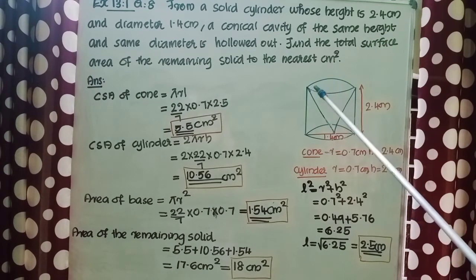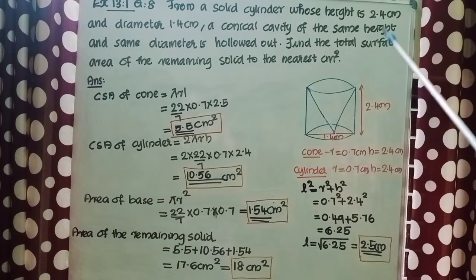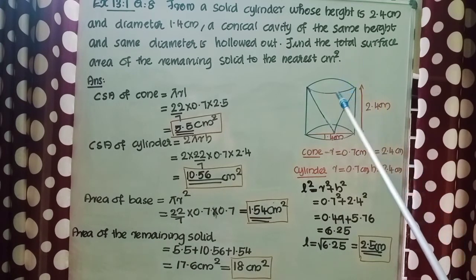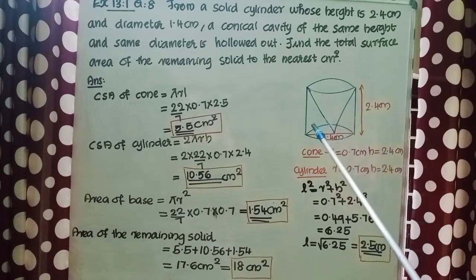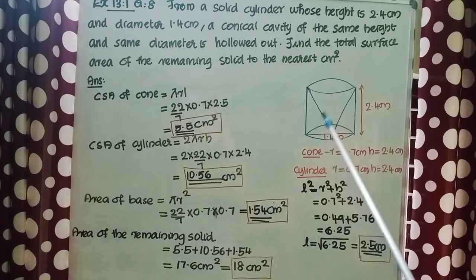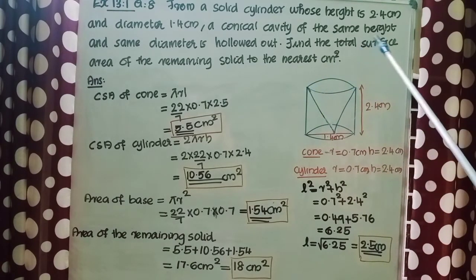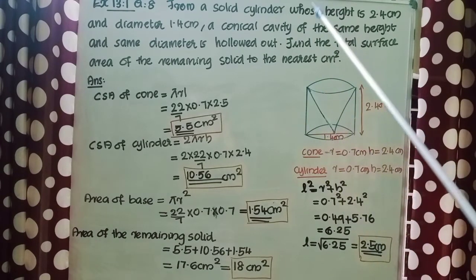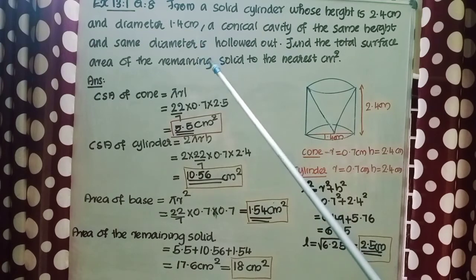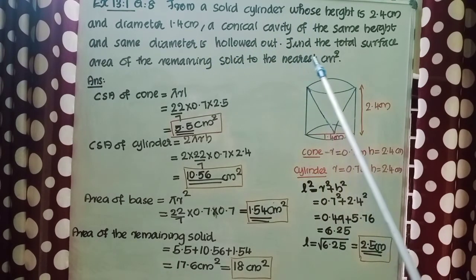Therefore, a new shape is formed. Now the new solid from outside looks like a cylinder, but inside there is a conical portion also. The question is to find the total surface area of the remaining solid.